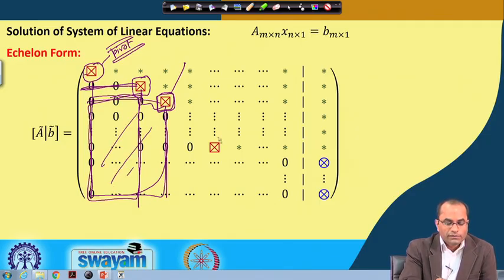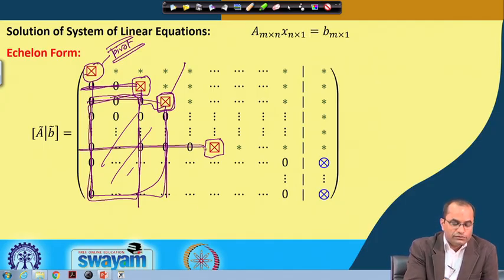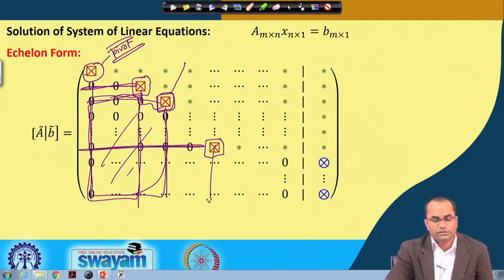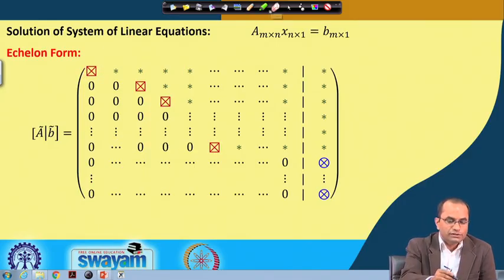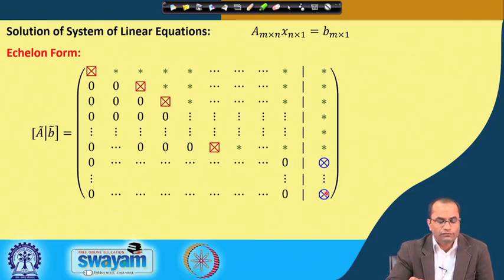Similarly, this one is a pivot if it is a non-zero element, and everything to the left is 0. So, that is the property of the pivot. It is a non-zero number, and all the elements below it are 0, all the elements to its left are 0, and we have this special structure of the matrix which we call the echelon form.